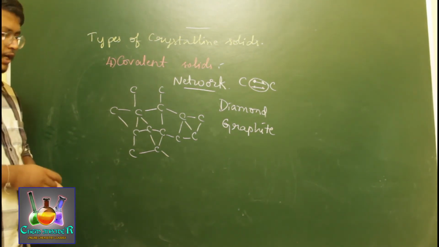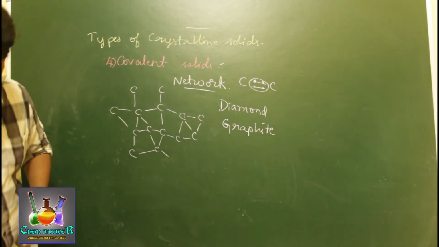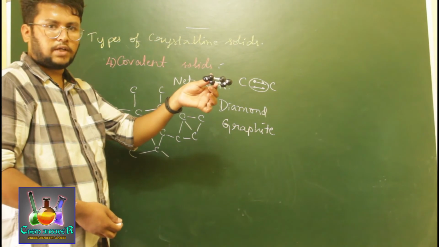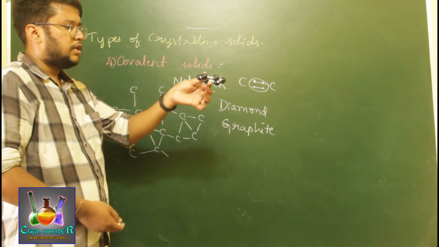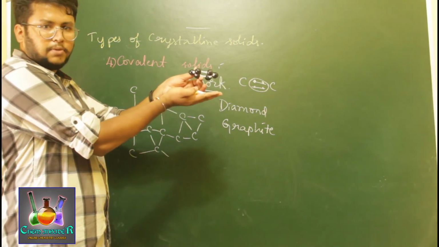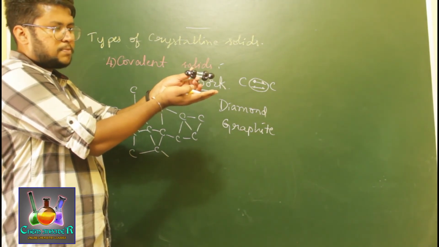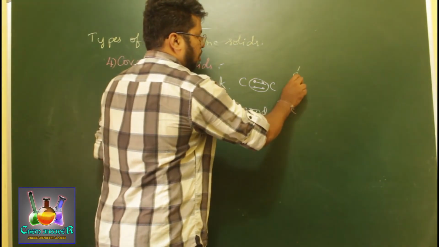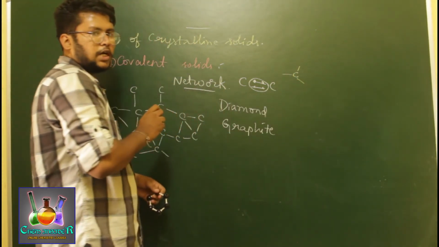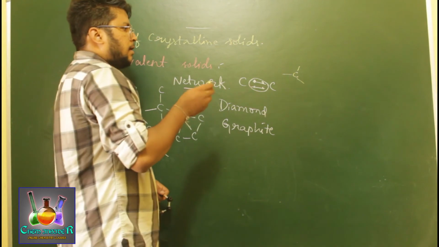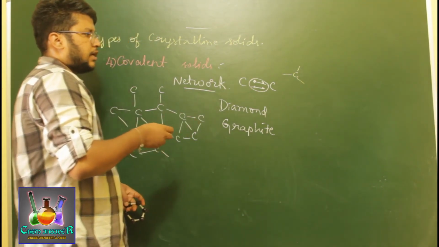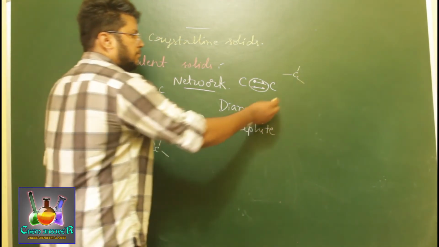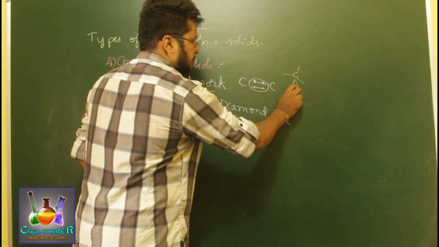In the case of graphite, we observe a layer-like structure. Consider this as one layer of carbon atoms of a graphite sheet, with one more layer present below it. Each carbon atom can bond with 4 other carbon atoms, but in graphite, a carbon atom gets bonded with only 3 carbon atoms, leaving 1 electron free.